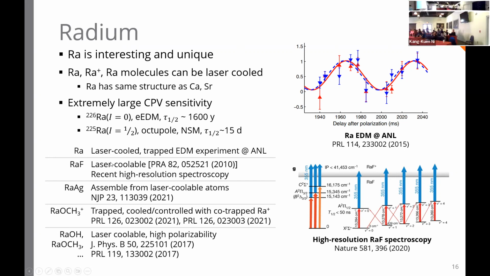Radium fluoride is predicted to be laser coolable, and recent high resolution spectroscopy supports this claim. You can assemble radium containing molecules from laser coolable atoms. You can use radium containing molecular ions, or radium containing laser coolable polyatomics. So there's a lot you can do with it.